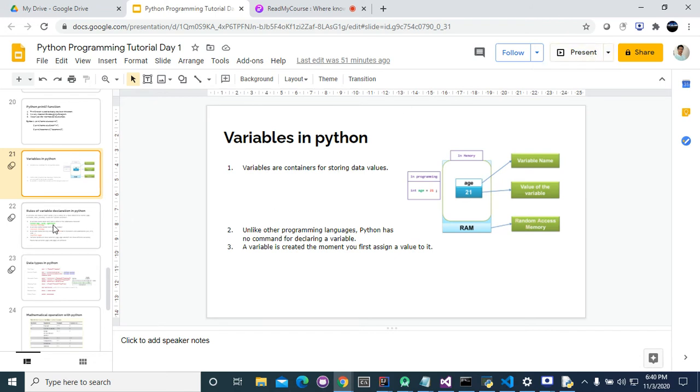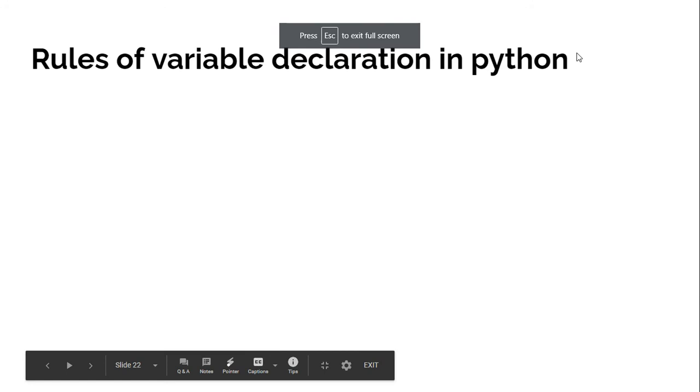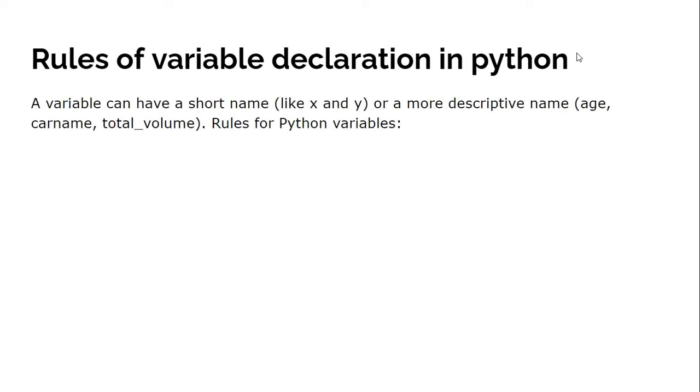Now, moving to the next topic. There are some rules for variable declaration in Python. And note that in every programming language, there is a rule for declaring a variable name. What is the rule? A variable can have a short name or a more descriptive name.